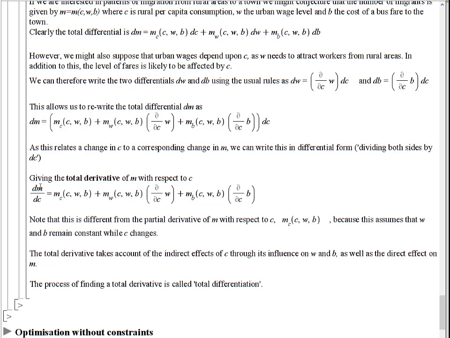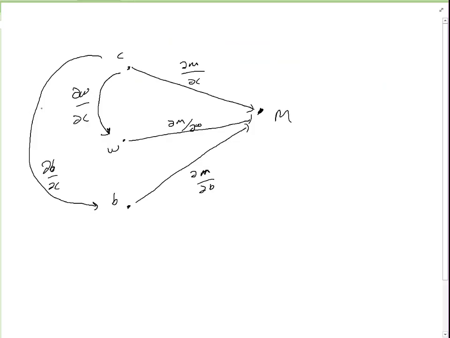Now, notice what I've done here is I've written dM by dC, and this d is a straight d. It's not a curly d. So it's not the partial derivative of M. And it's much preferable to that.